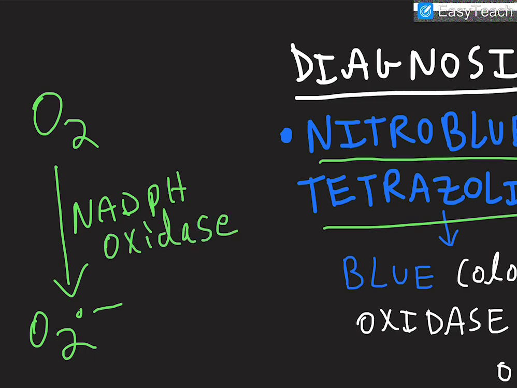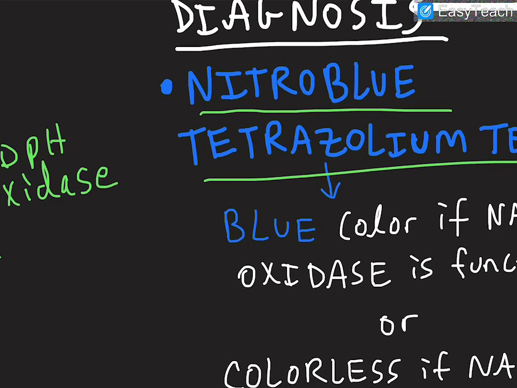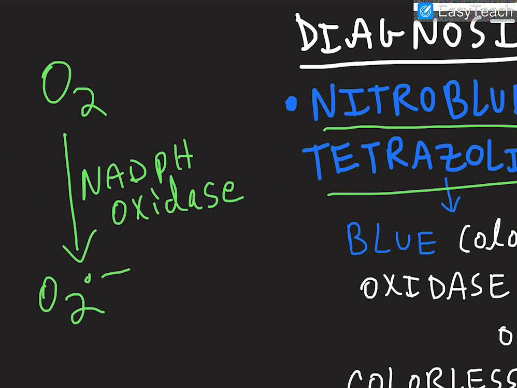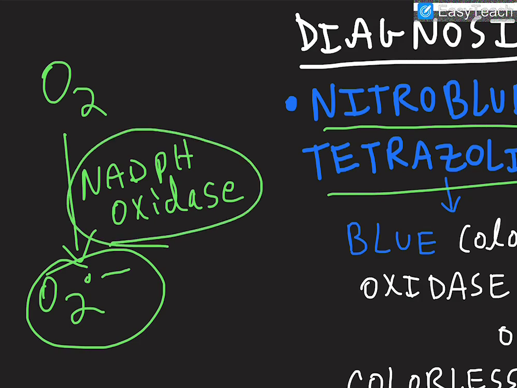If this step works, then we know that our NADPH oxidase is functional. So if we are able to form superoxide, that would mean we have functional NADPH oxidase.